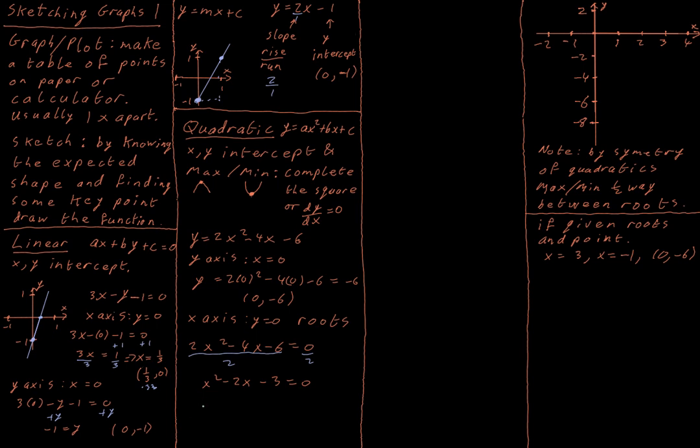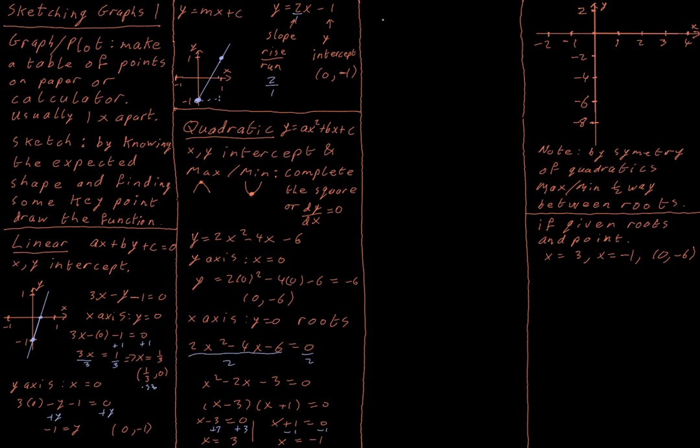Solving my quadratic, I end up with (x minus 3)(x plus 1) is equal to 0. So x minus 3 could be equal to 0, or x plus 1 could be equal to 0. Rearranging, I have x is equal to 3, and I have x is equal to minus 1.